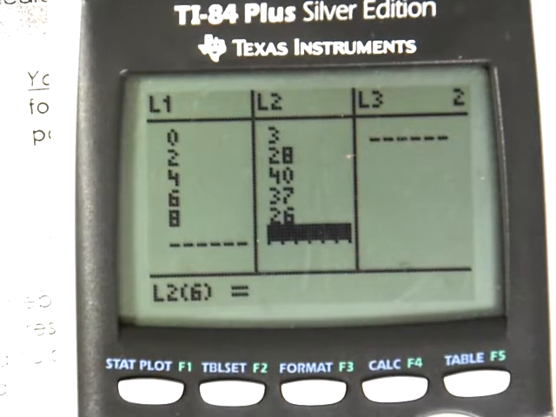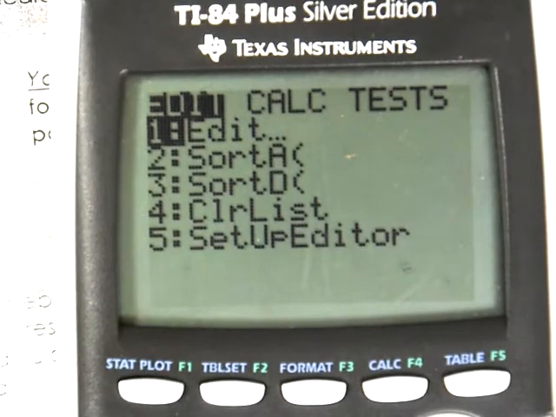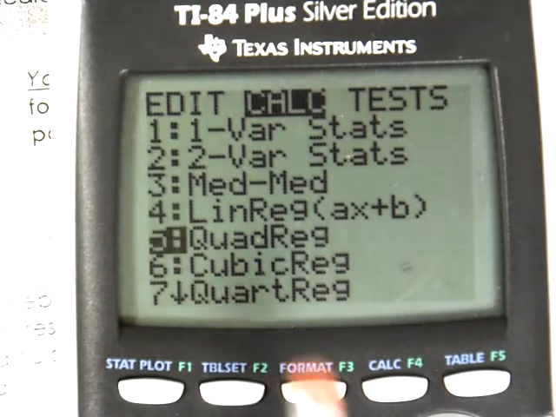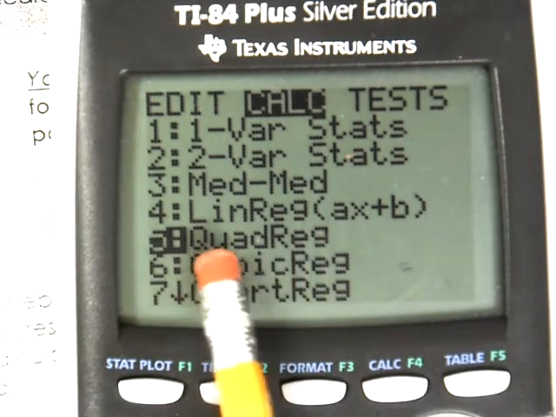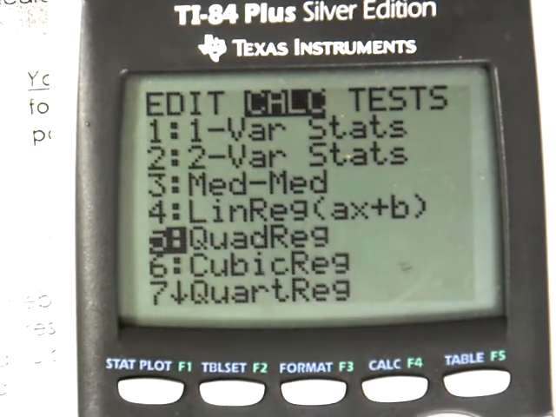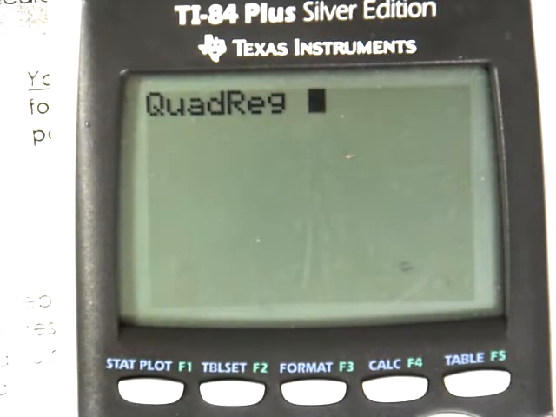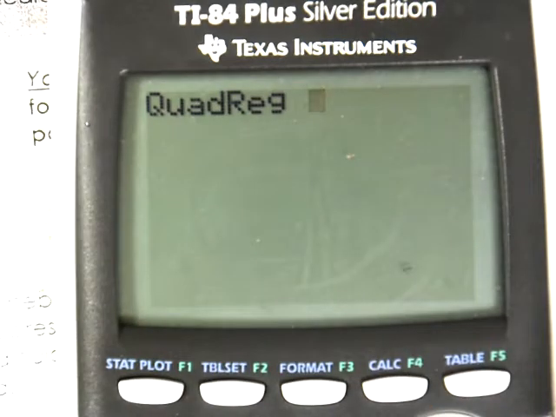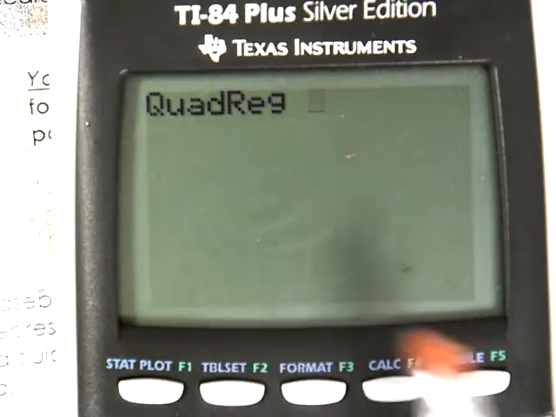So we're going to hit stat again. Go to the stat button, which is above the program, above the cosine, above the 8. Go over to calc. We are looking for what's called quadratic regression. This is a way that the calculator can calculate the equation that fits these points. Now, depending on which format of operating system you have, you'll have a different variety of this main menu here.